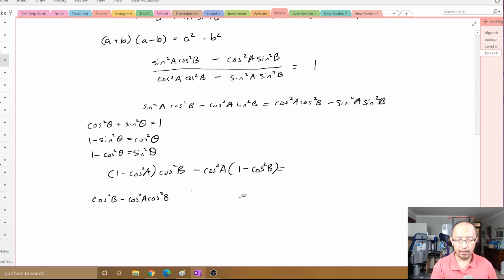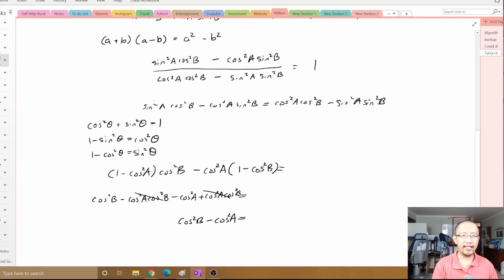So now that's minus cos squared a plus, because two minuses become a plus, plus cos squared a cos squared b. Okay, so working on the left, this will cancel out with this. So on the left, I simply have cos squared b minus cos squared a.